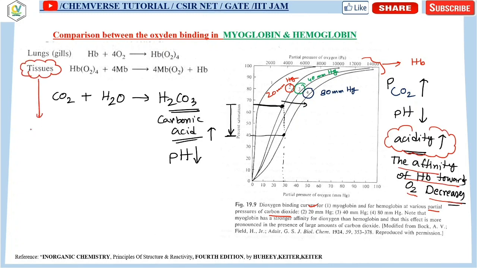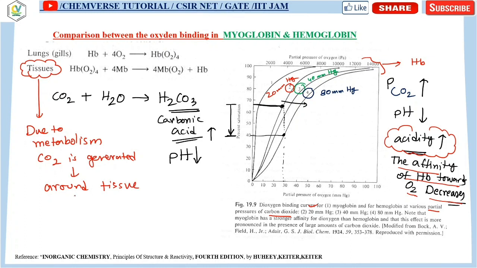Inside tissue, due to metabolism, CO2 is generated. So around tissue, the acidity increases due to the generation of CO2.